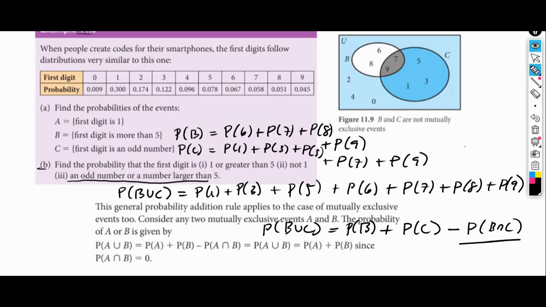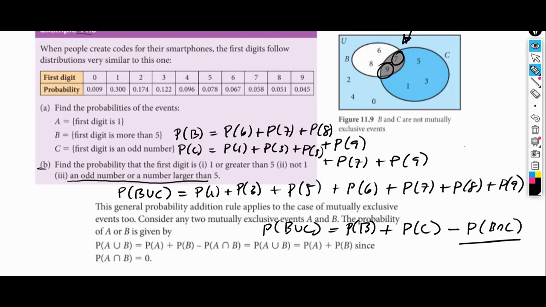Well, we can see it here in this Venn diagram. The intersection of sets B and C are numbers 7 and 9. Notice that I did not repeat 7 and 9, but 7 and 9 belong to both sets because they're not mutually exclusive. 7 and 9 are both odd, and they are also larger than 5.